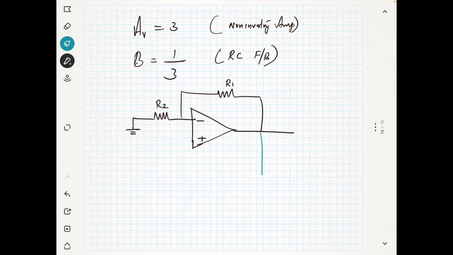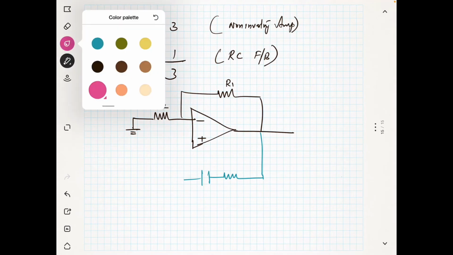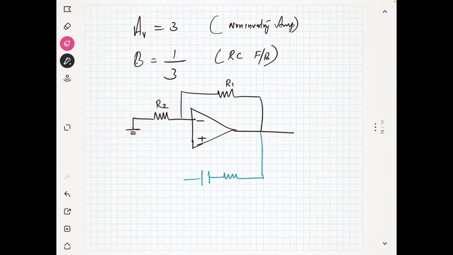In the feedback network, it has an R and a C in series, and a capacitor and a resistor in parallel. It is very easy to remember.